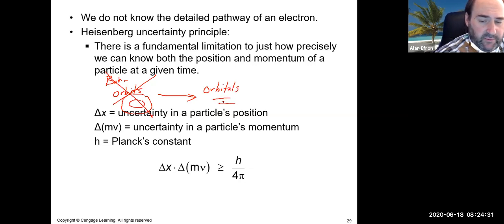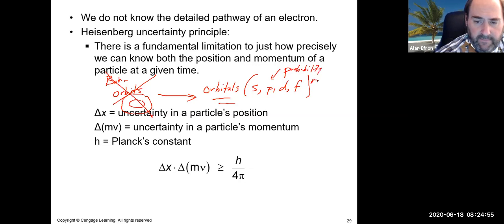Orbitals are really probability maps of where you could find a high probability of finding an electron in an atom. As we'll talk about in the rest of this chapter, there are s orbitals, p orbitals, d orbitals, and f orbitals. And again, these are probabilities of where to find an electron.